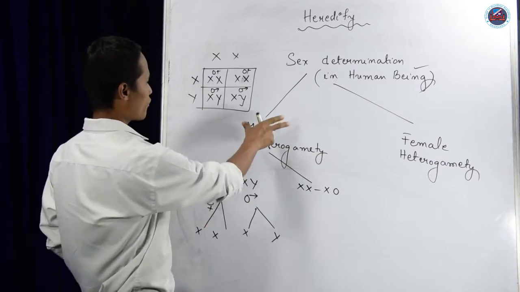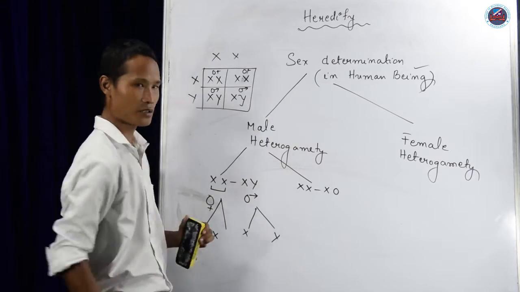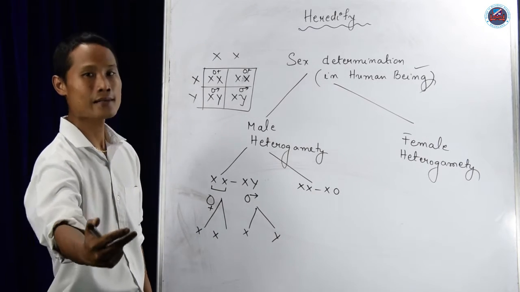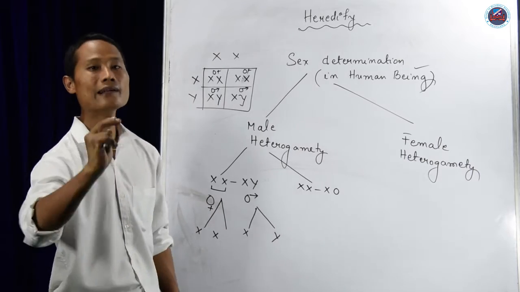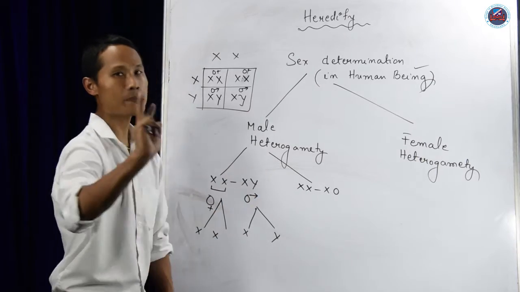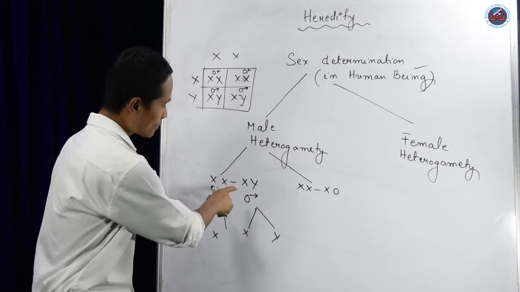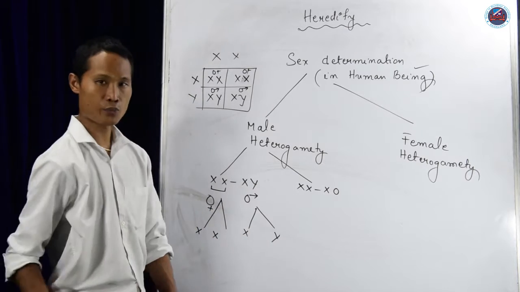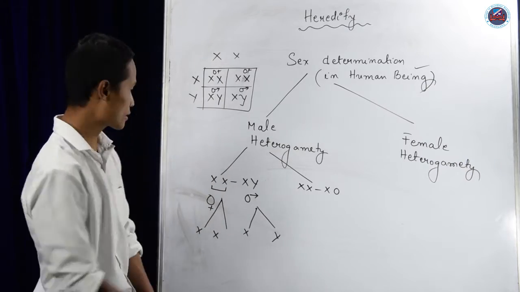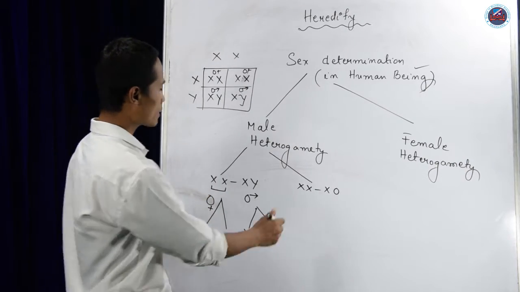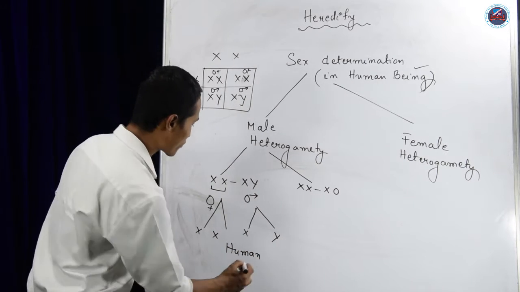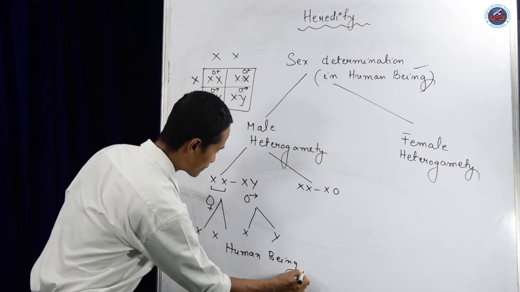With the help of a Punnett square, by understanding male heterogamety, we can find out the probability of what sex the child will have, whether male or female. Male heterogamety means two different types of gametes are produced by the male, the X gamete and the Y gamete, whereas the female produces the same type of gamete, X and X. This XX and XY mechanism is seen in human being and Drosophila.